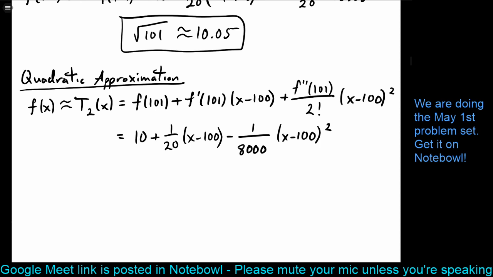But it depends on how high of an approximation you take, how high of a degree, and it depends on the radius of convergence. If you leave the radius of convergence, you're just kind of hopeless. But if you're close by and you're within the radius of convergence, then you're going to get some pretty good approximations.